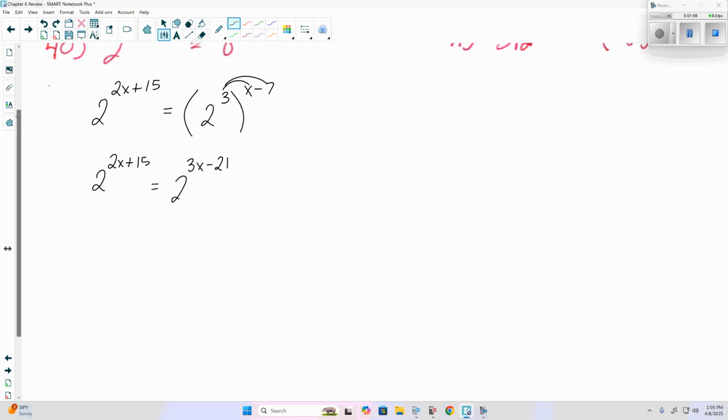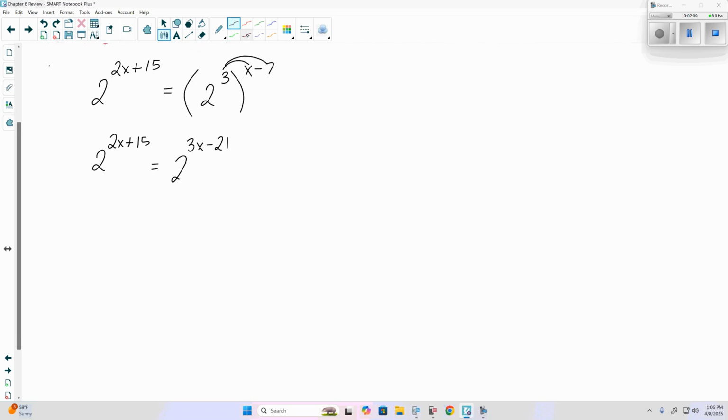Now, the reason we're doing this is because since the bases here are both 2, the only way that these two can be equal, 2 to the 2x plus 15 and 2 to the 3x minus 21, is if 2x plus 15 is equal to 3x minus 21. The only way that these two can be equal and have the same base is if their exponents are also equal. That's the only way this works.